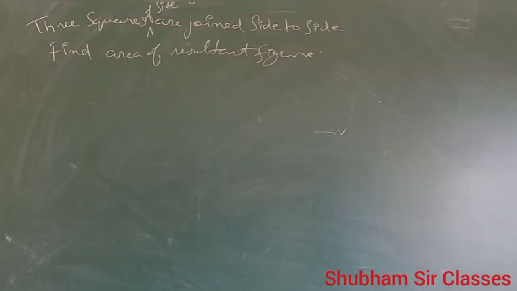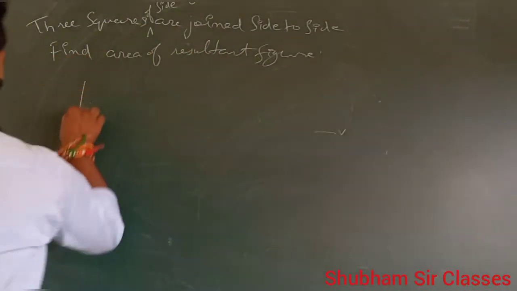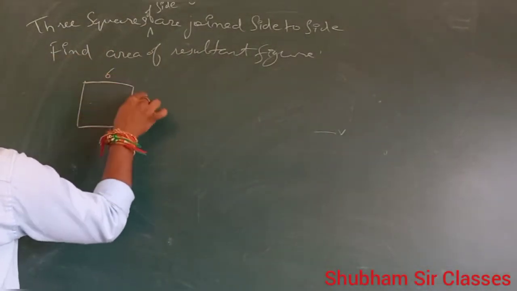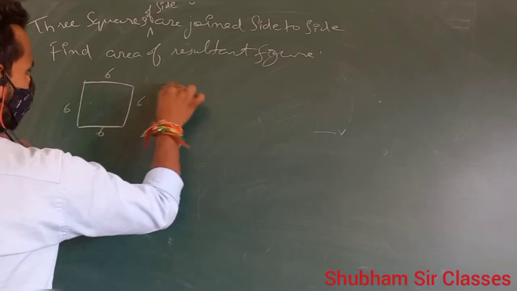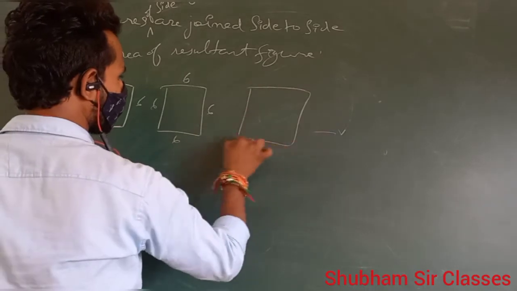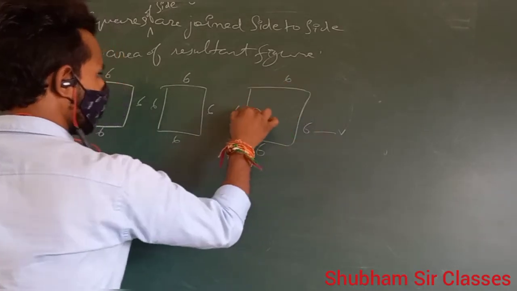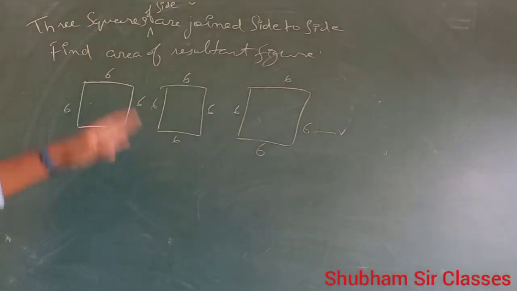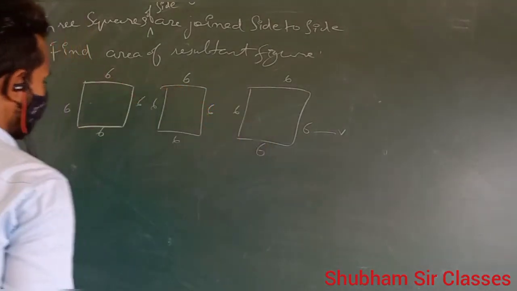Suppose we have a question that 3 squares of side 6 centimeters. So suppose this is a square, 6, 6, 6, 6. One more square, 6, 6, 6, 6, and one more square, 6, 6, 6, 6. These are the 3 squares, joined side to side.